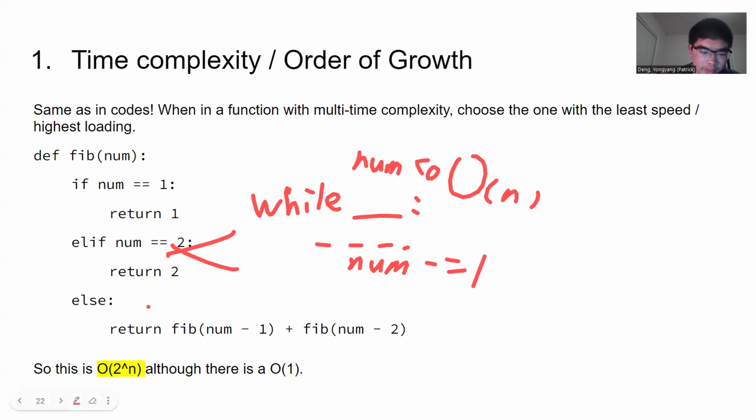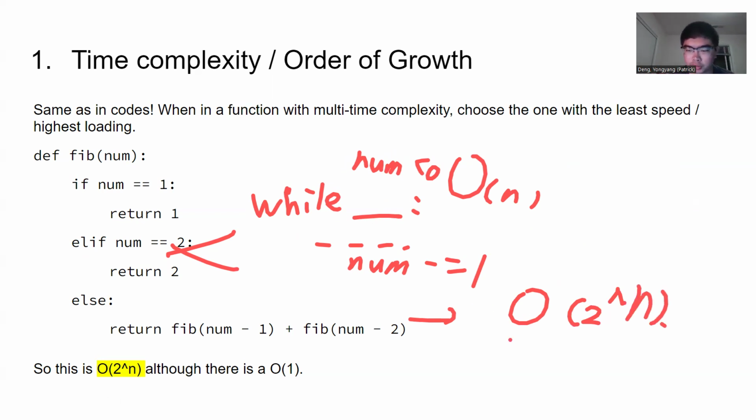But for the last part, I have two recursive calls, and of course for this one I have a big O of 2 to the nth power. So I have concluded that I have already discovered three kinds of order of growth in this algorithm: big O of 1, big O of n, and big O of 2 to the power of n.